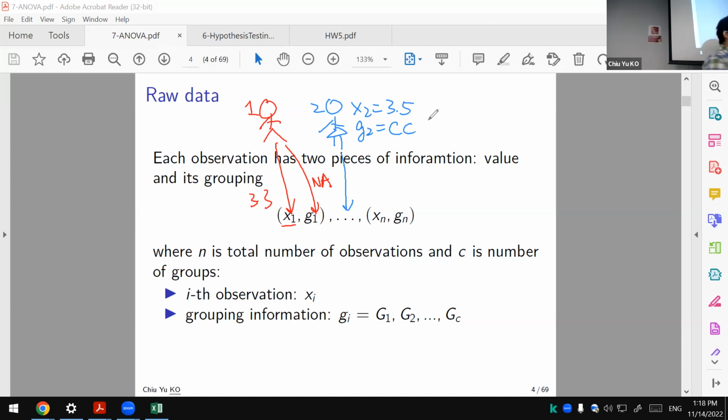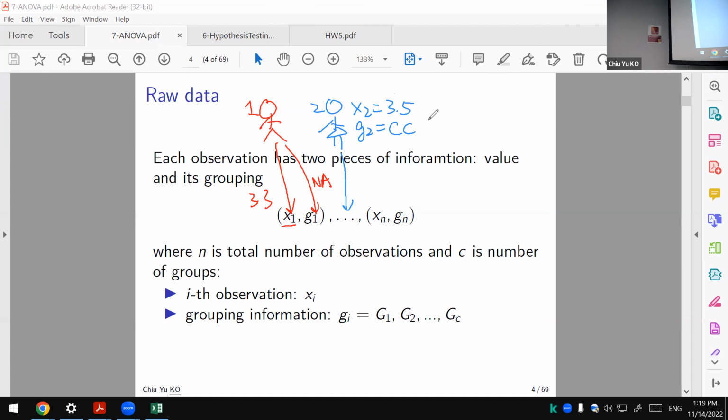So for each individual, we have two pieces of information. One is the variable of interest, which may be GPA, spending, time to go to a party, or traveling time to school, whatever you're interested in. But the only additional thing is G1, which is the grouping.